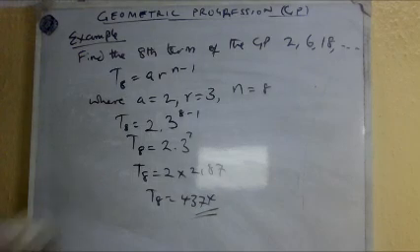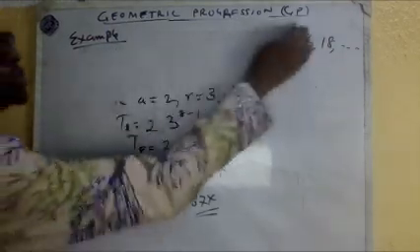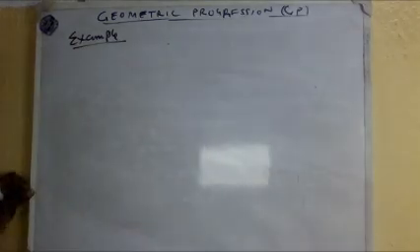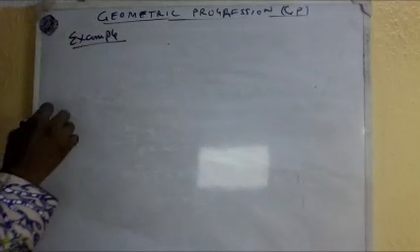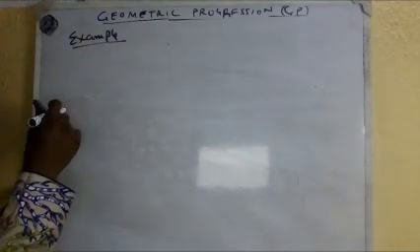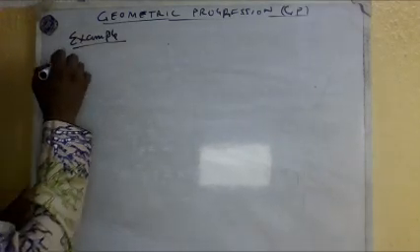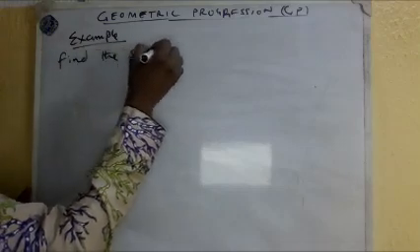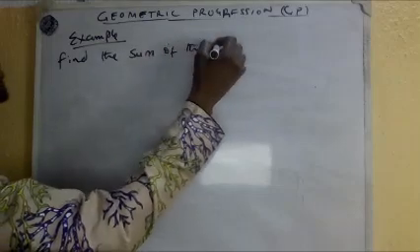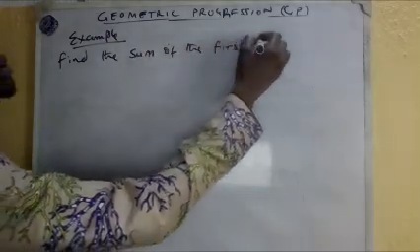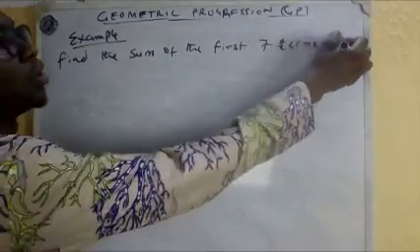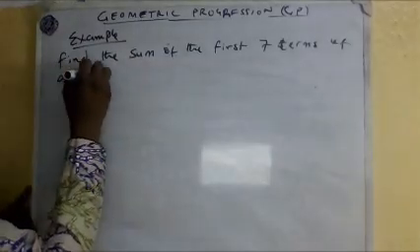Okay, so we have another example I'll quickly put on the board. It says find the sum of the first 7 terms of the GP.